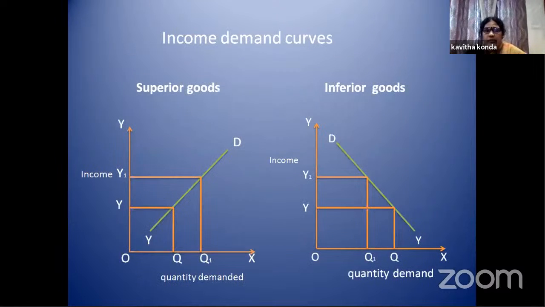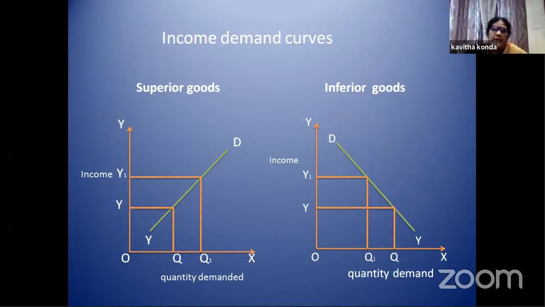Okay, in the graph we can show the income demand curves for superior goods and inferior goods. On the OX axis we take quantity demanded, and on the OY axis we take income, indicated by Y. YD is the income demand curve, which is sloped. In the case of superior goods, it slopes upward from left to right.